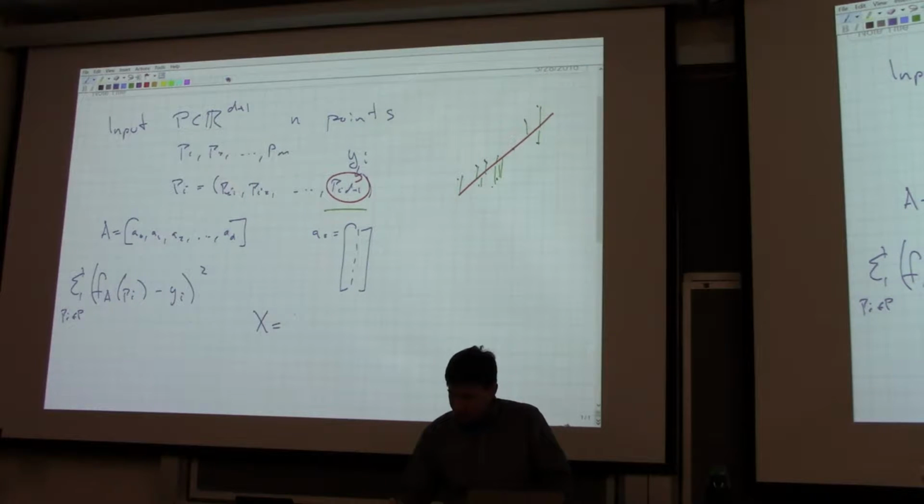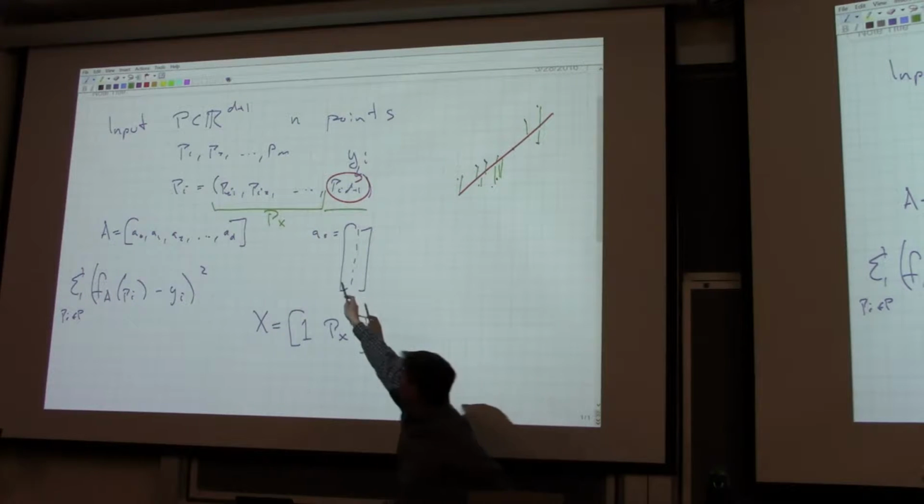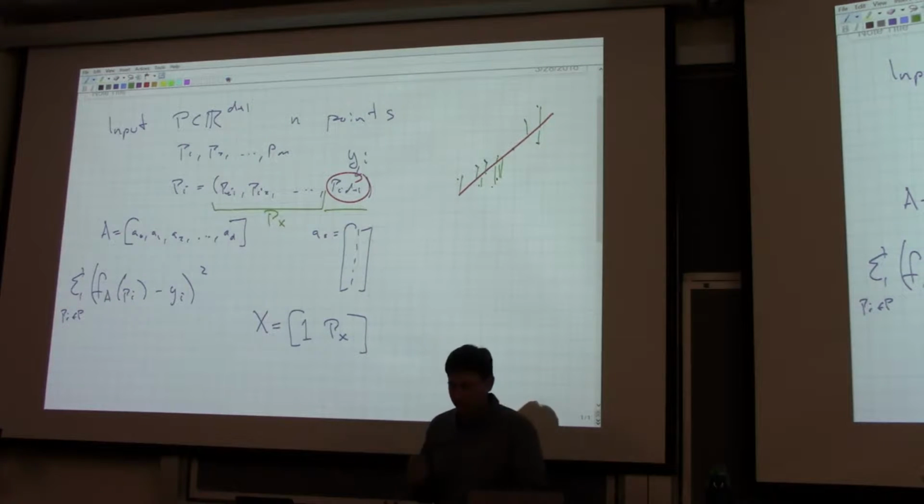what'll be useful is to define this matrix, and this will be the all one vector, and then it's going to have px. And so this part here, I'll write this in another corner here, we'll call this px. So this part of the input data for the first d coordinates is going to go here, and then this all one vector.